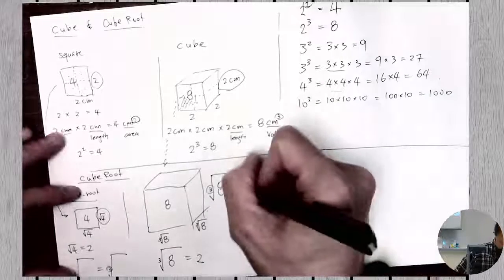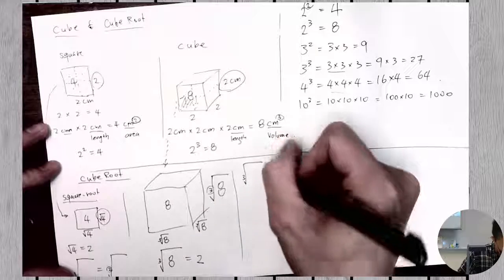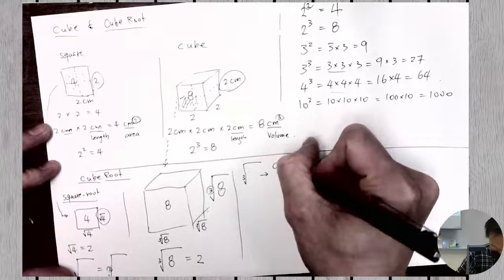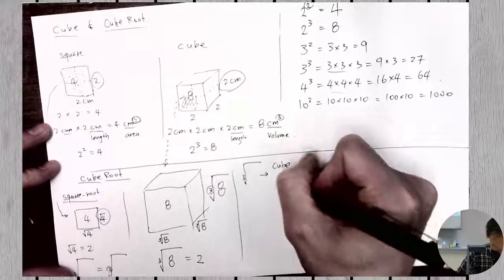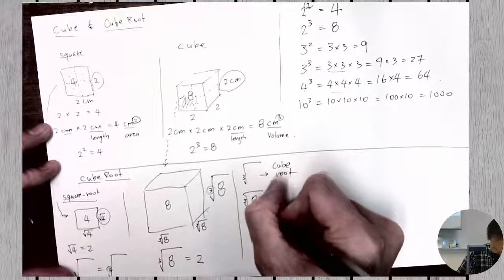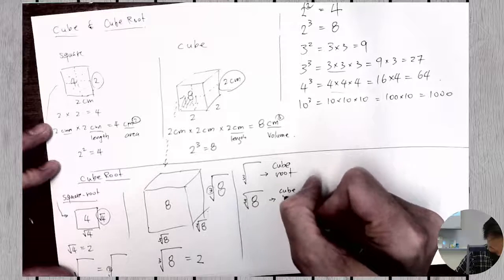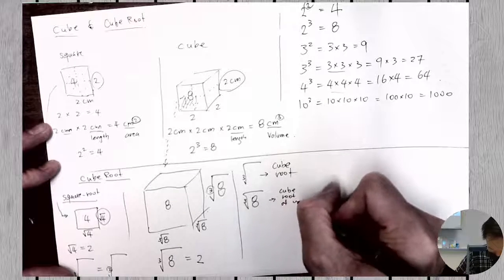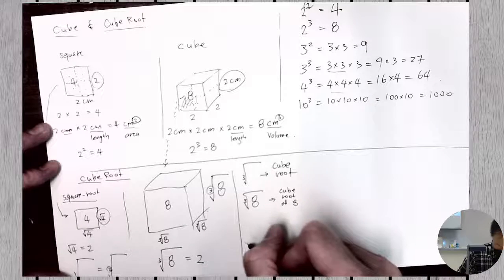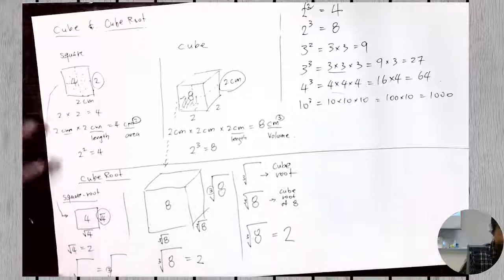So let's put the definition down again. This symbol here is a cube root symbol. If you put an 8 inside, this is cube root of 8, and it has a value that is 2.